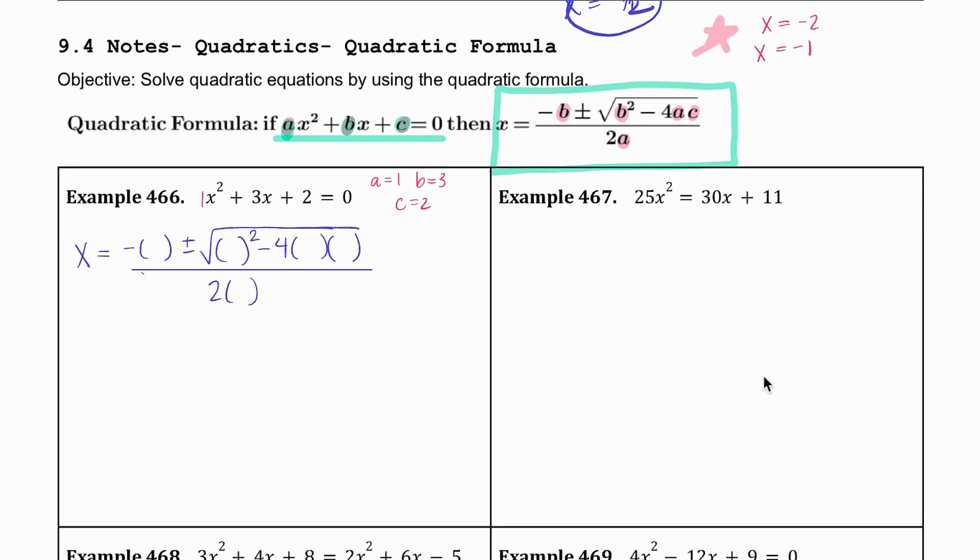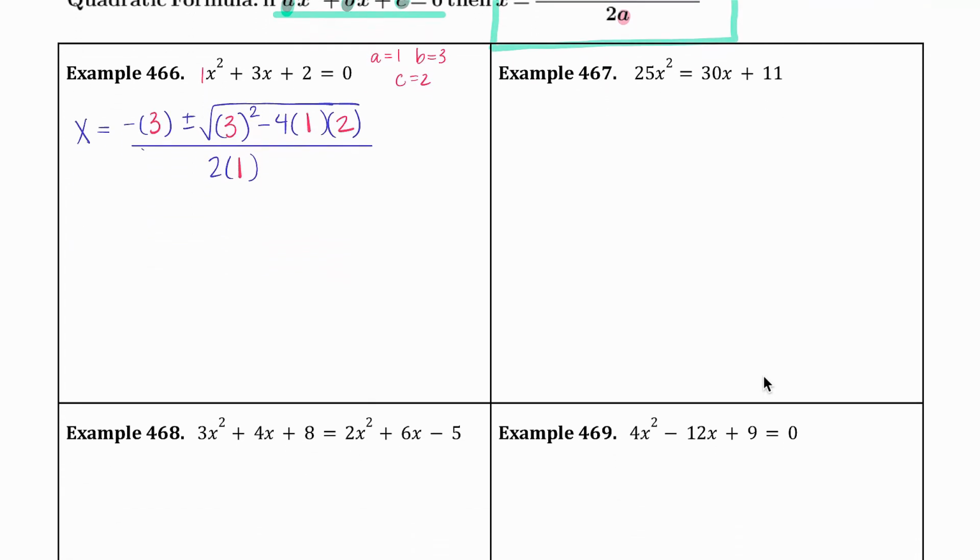x equals -b, or -3, plus or minus the square root of b squared minus 4 times a times c all over 2a. So now that we filled this in, let me show you the easiest way, in my opinion, how to simplify this.